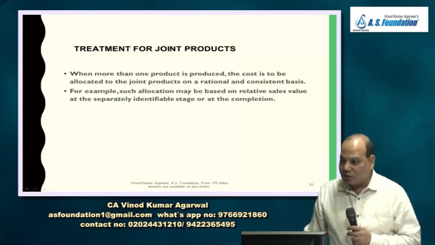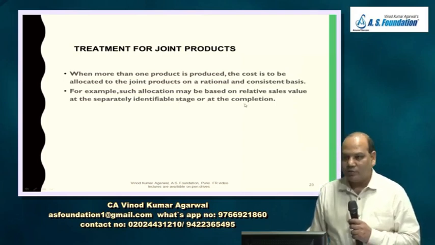What is the suggestion they have given? For example, this is their recommendation. Such allocation may be based on relative sales value at the separately identifiable stage or at the completion. That means there are two choices.